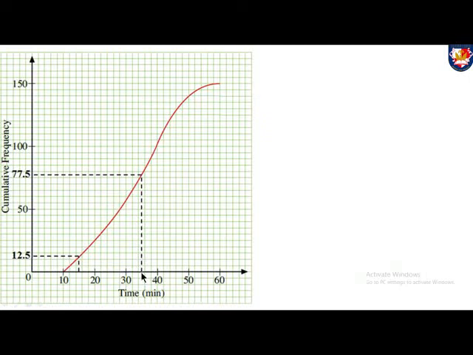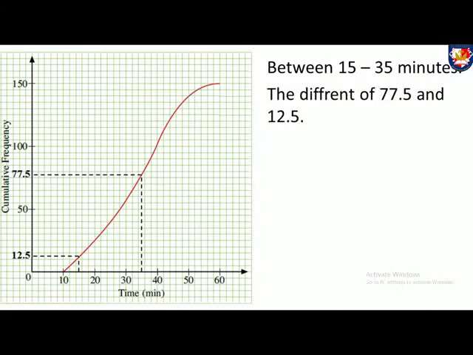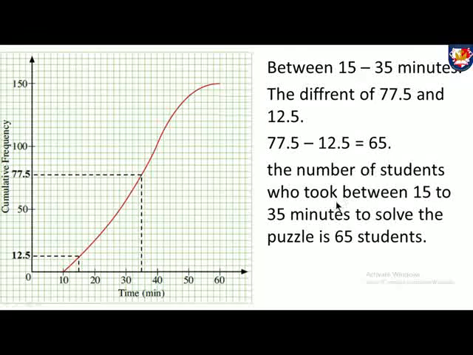For 35, it's around here. You make a straight vertical line to the curve, and then from the curve a straight horizontal line to the y-axis, and you find 77.5. So between 15 and 35 minutes, the difference is 65. That means the number of students who took between 15 and 35 minutes to solve the puzzle is 65 students.